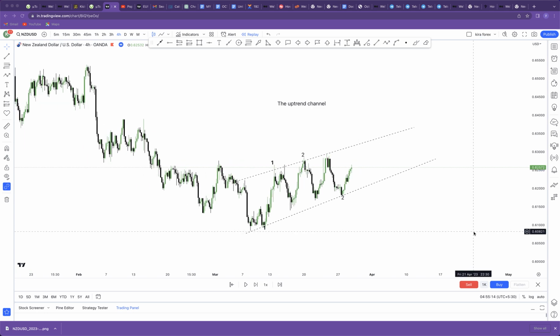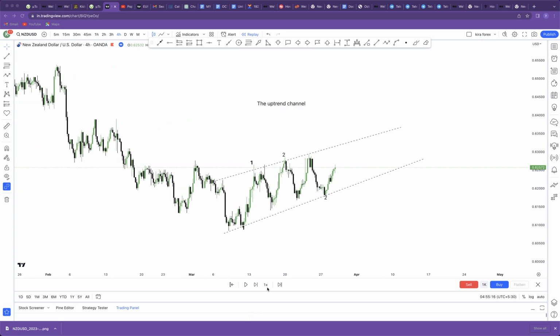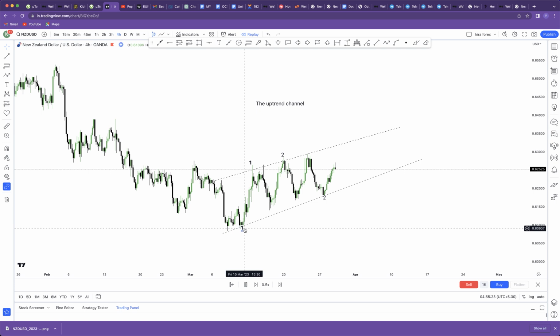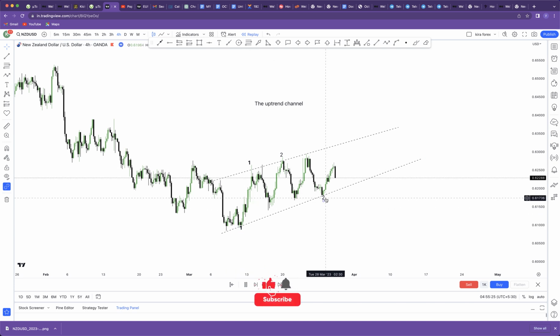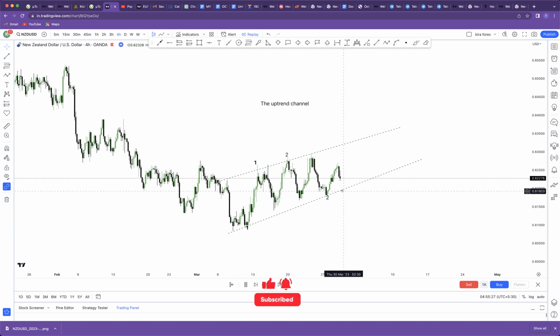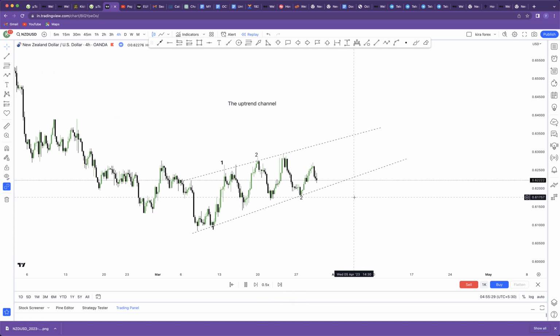Now let's look at the reaction of price in the channel. Like I said, we have our first touch on the resistance and also the second touch on the resistance, and then we also have the first touch on the support and the second touch on the support.